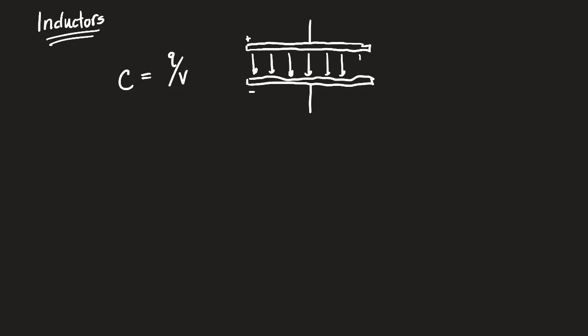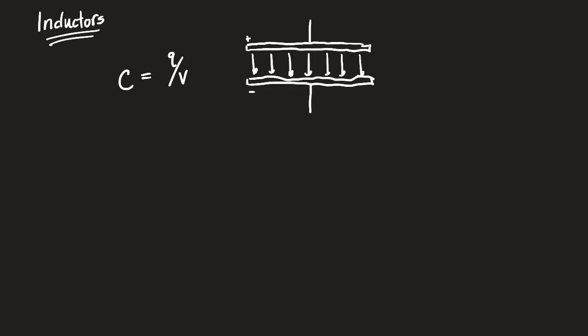This device would allow you to store charge. Because of the strength of the electric field or the nature of the metal, we could grab charges from one plate and add them to the other plate, and we can get a buildup of charge.